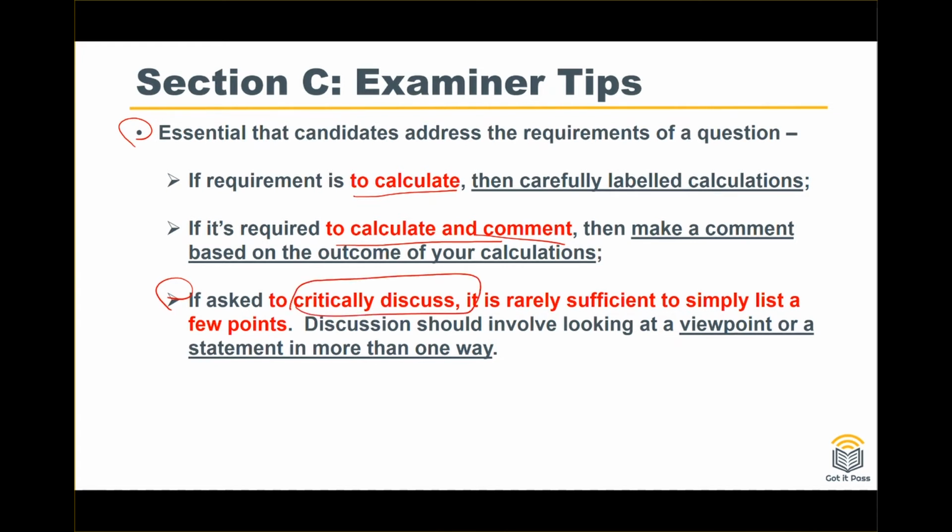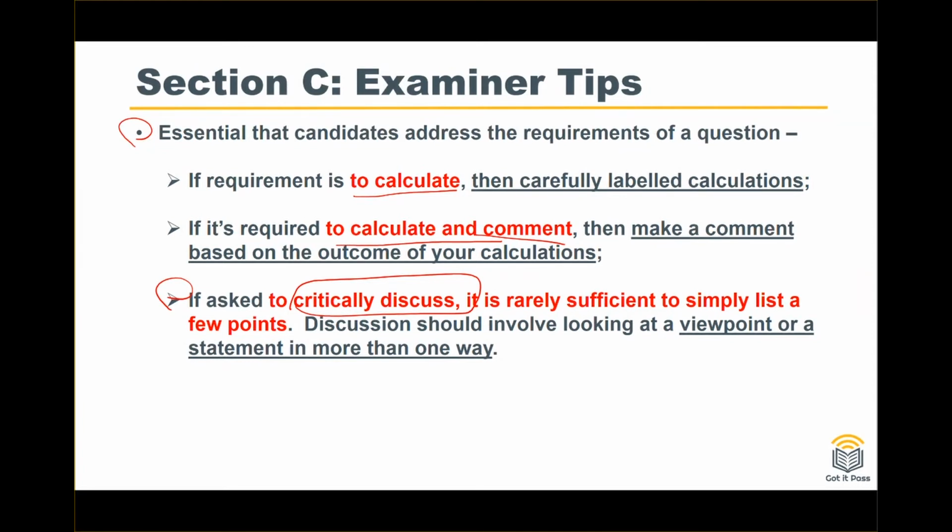The examiner shares with us that it is not sufficient to simply list a few points to answer the question. In other words, he expects quite a complete discussion when he asks you to critically discuss.